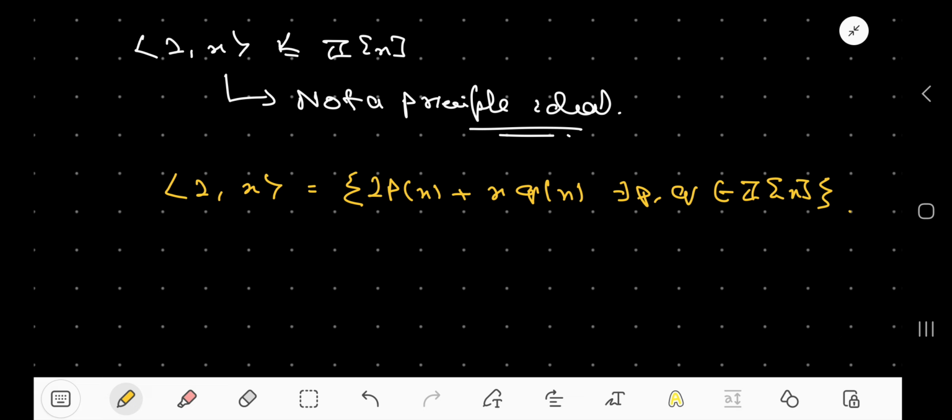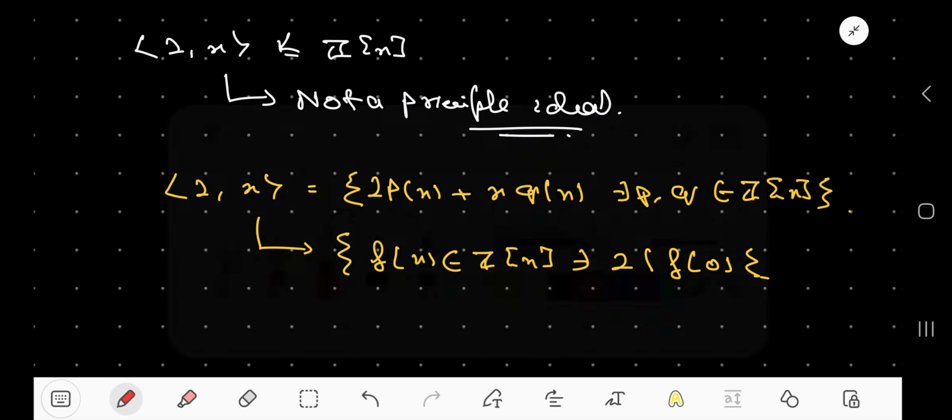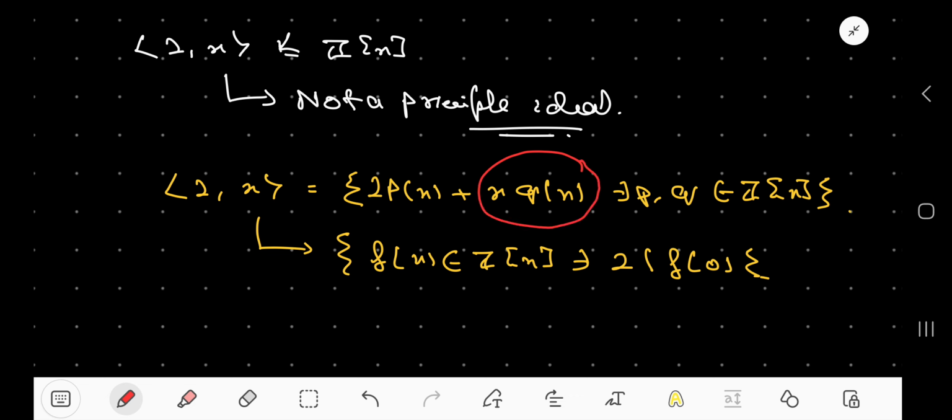Moreover, if I have this structure, then you can easily observe that this is simply the collection of all polynomials f(x) from Z[x] such that the constant term is even. You can observe it this way: the term x times q(x) will have no constant term, because the constant term gets multiplied by x, while in the other case the constant term is being multiplied by 2, so it becomes even.